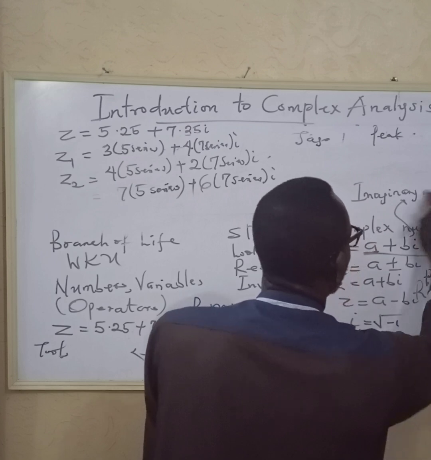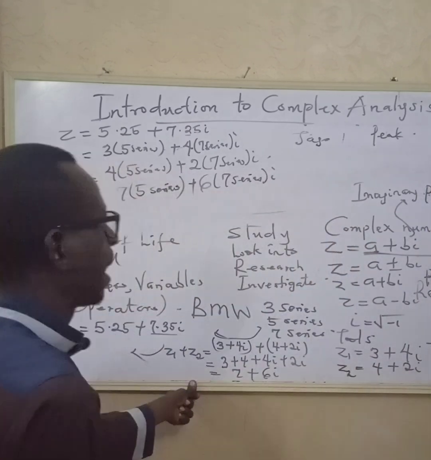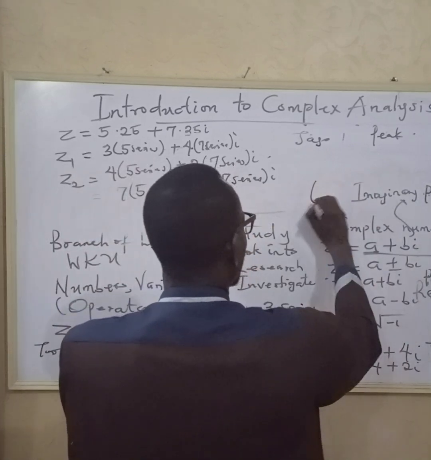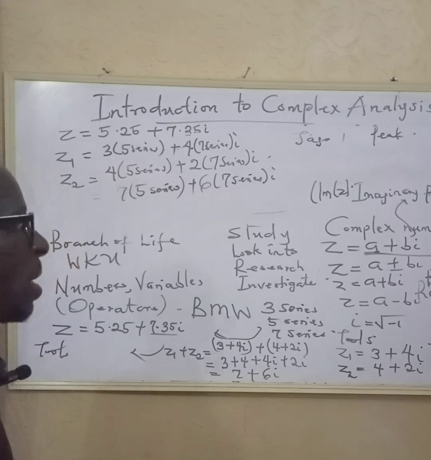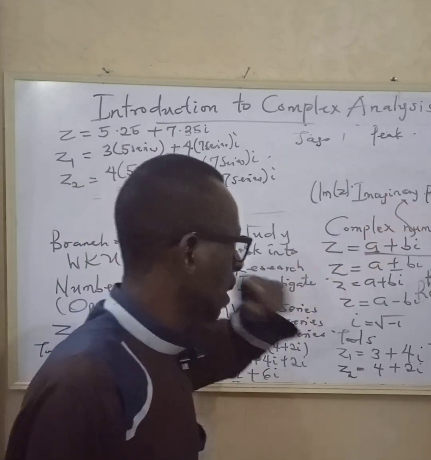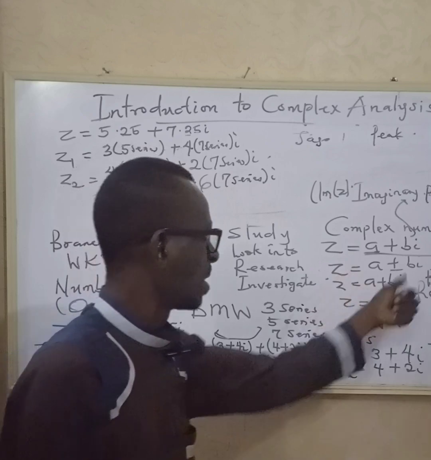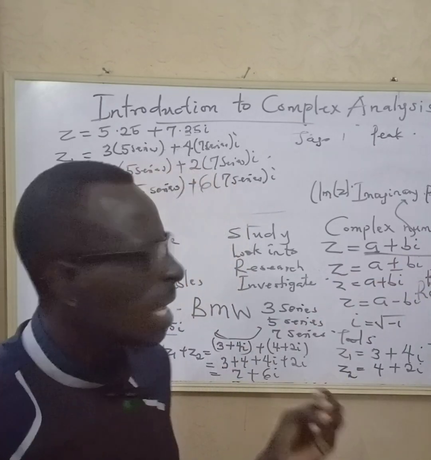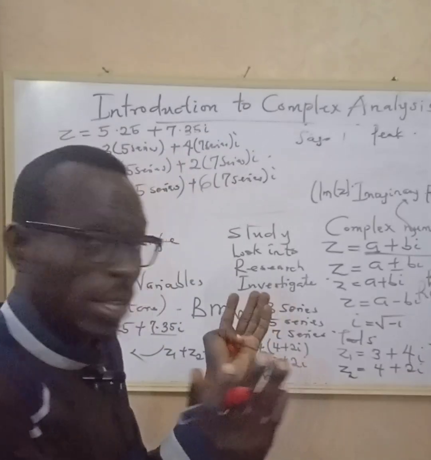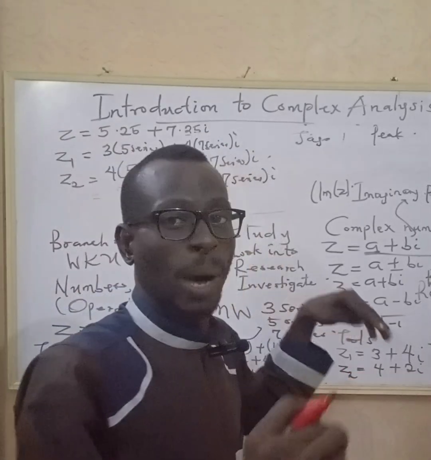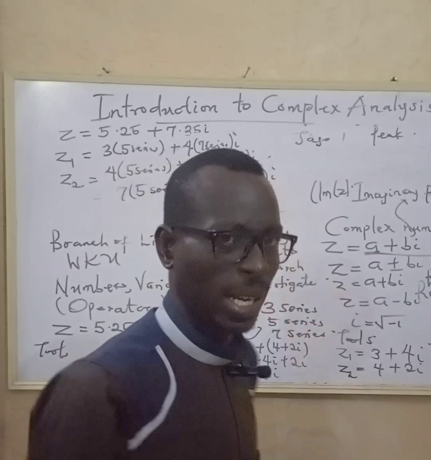And the imaginary part, the imaginary part of Z. The real part, this is A. The imaginary part, this is B. Because it carries i, that changes the platform from a real part to an imaginary part, even though A and B are real numbers.